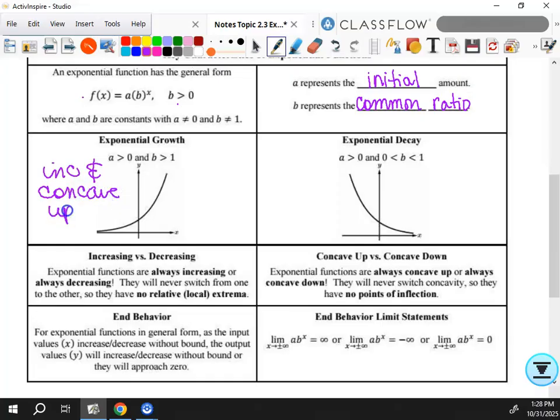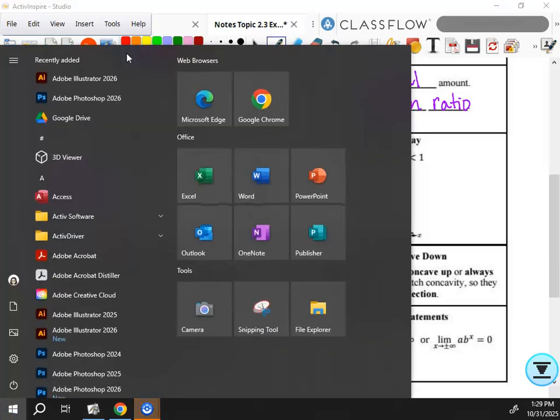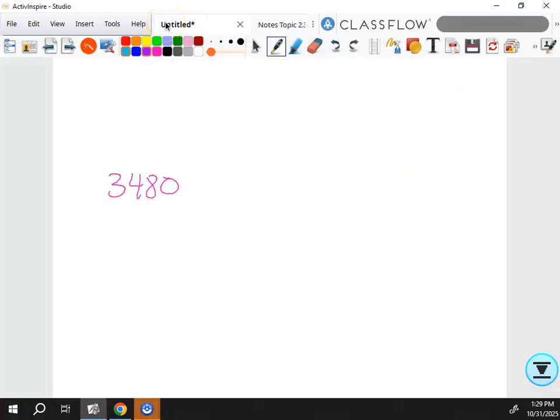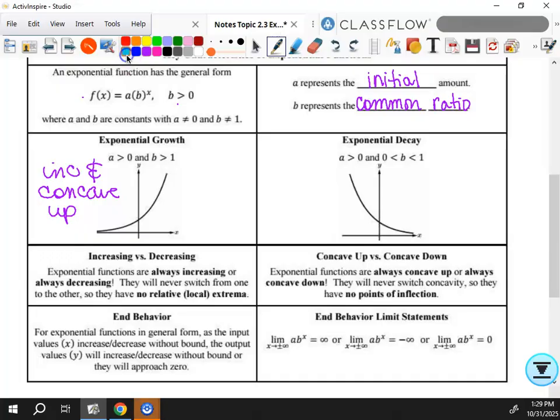Now then, if we want to talk about the rate of change, what should we write down? The fun chart. Okay, it's been a minute since we did all that, but we still need to be able to do it. Write down our fun chart.